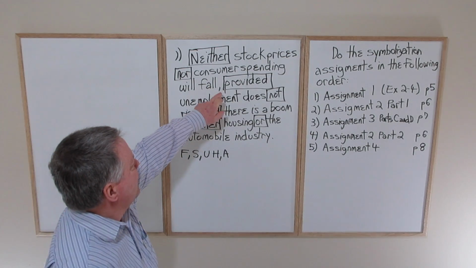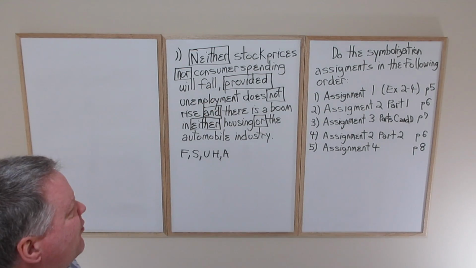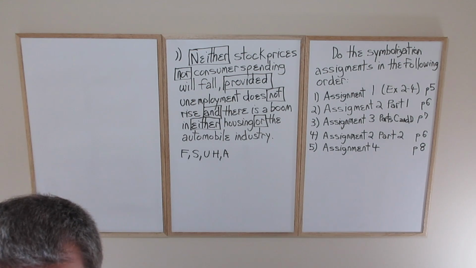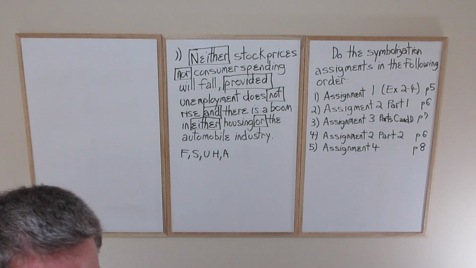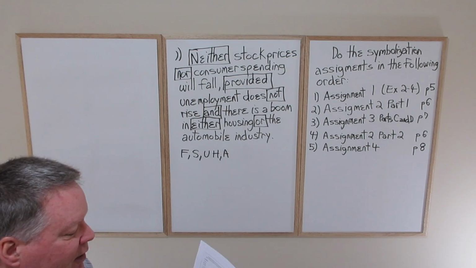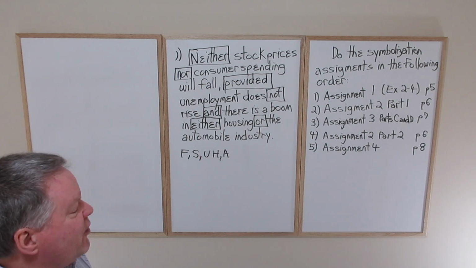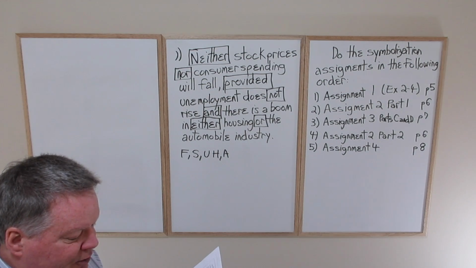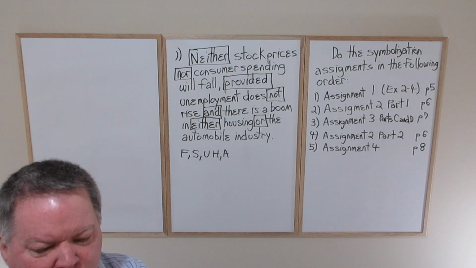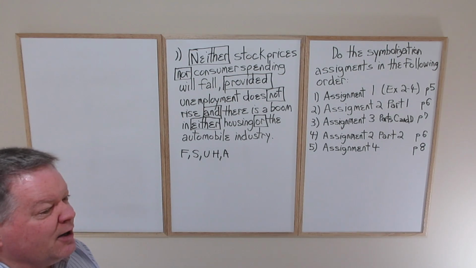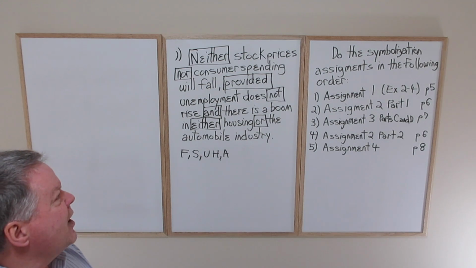The one area that some of you might find a little bit tricky, the word "provided." Here, it might be helpful to refer back to the table on page 3. Provided, or provided that, is a conditional indicator, and whatever sentence comes immediately after the provided that is going to be the antecedent of a conditional.